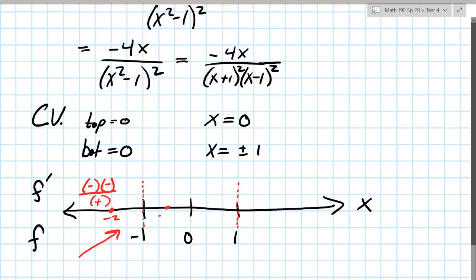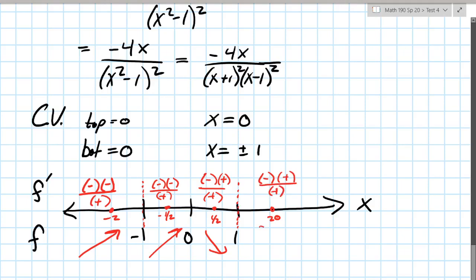Next, let's pick negative 1/2. We have a negative 4 times a negative divided by a positive. So this is increasing again. Then we'll take a positive 1/2, and we have a negative 4 times a positive divided by a positive, which is a negative number, so decreasing. And then we'll take one more. A negative 4 times a positive divided by a positive gives us a negative.